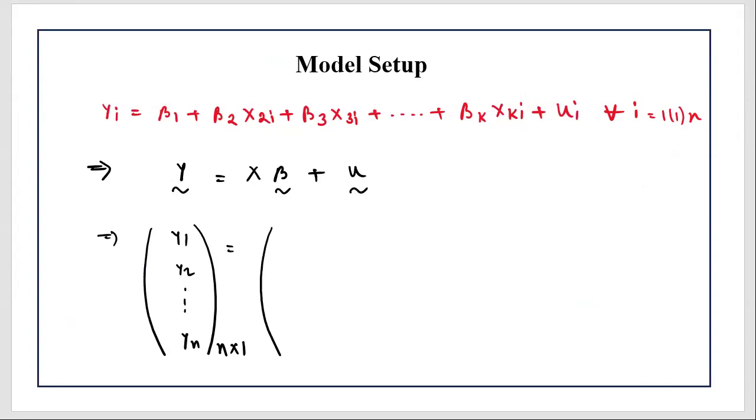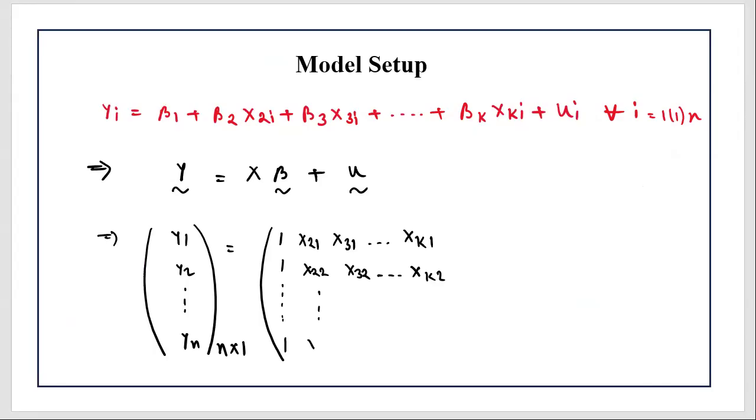And then we had the design matrix. The design matrix looks something like this. The first column is 1 all the way through. Then you have x21, x31 all the way up to xk1. Then you have x22, x32 all the way to xk2.